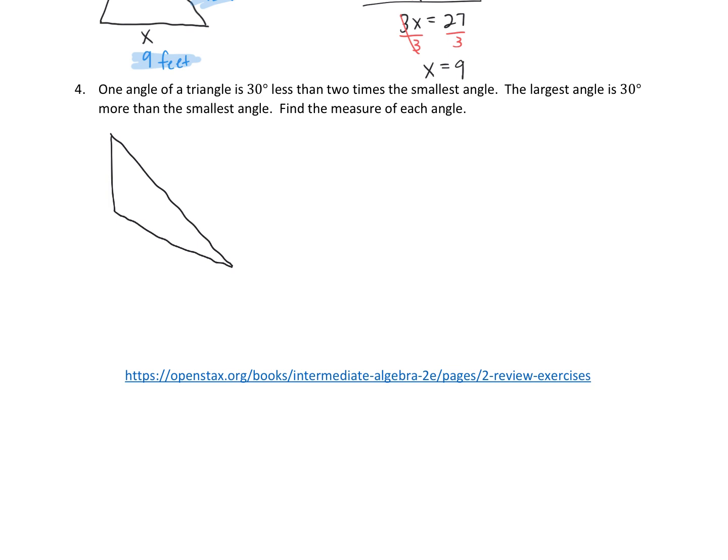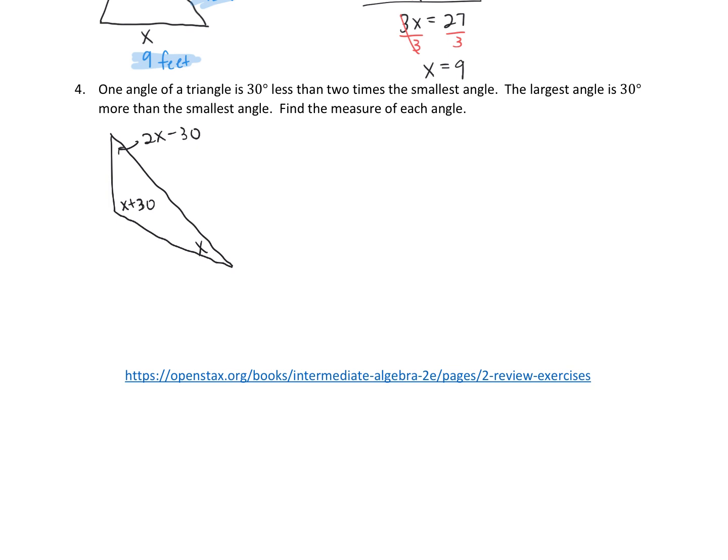So they're talking about the smallest angle. I'm going to call that x. One angle is 30 degrees less than 2 times the smallest angle. So 2x minus 30 would be another angle. And then the largest angle, so maybe I'll put that one on a different angle. So this angle is 2x minus 30. The largest angle is 30 degrees more than the smallest. So that would be x plus 30.